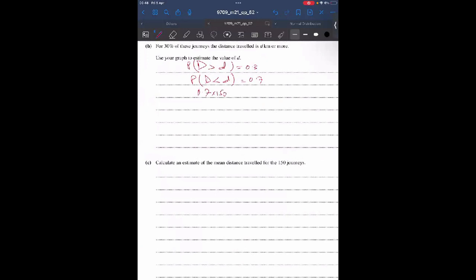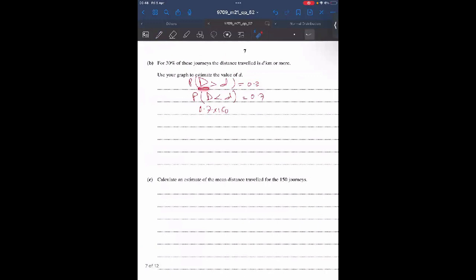Sir, can you repeat this? They are saying that the probability that the distance capital D is greater than small d, this is the value of the distance, is 30%. That's 0.3. Can't we just subtract it from 1?